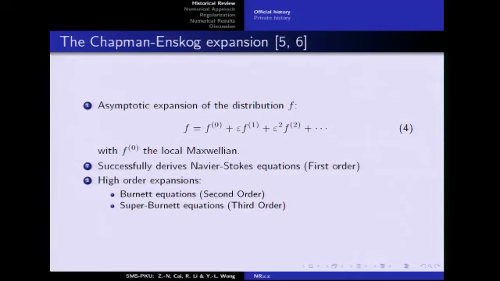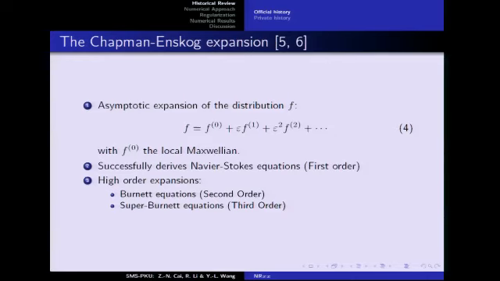Historically, this expansion is very successful in deriving the Navier-Stokes equation, and with this expansion to the first order, we can get the Navier-Stokes equation, and then the second order and the third order expansion will give us the Burnett equation and the super Burnett equations.